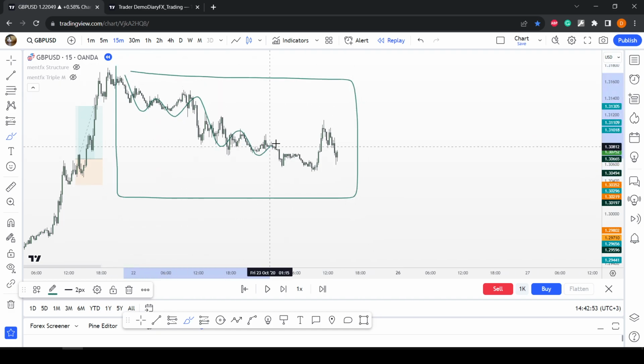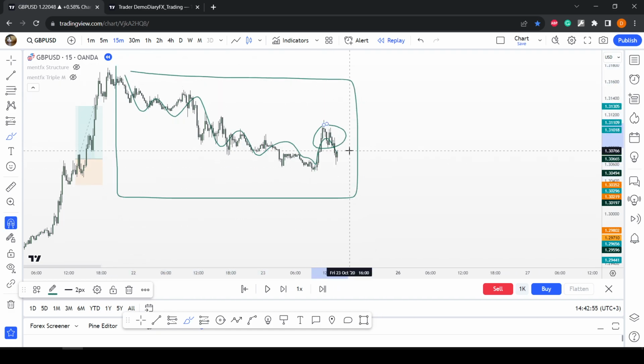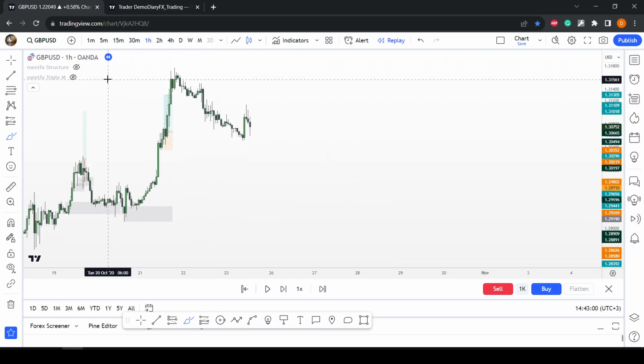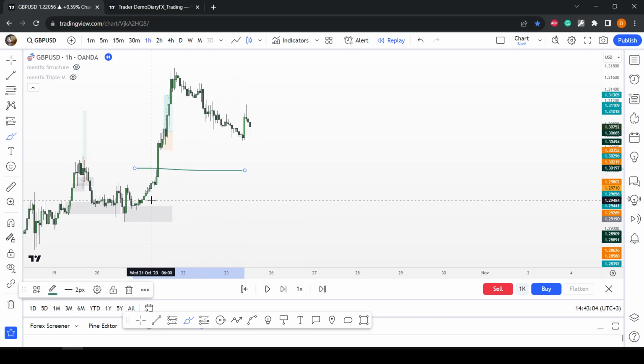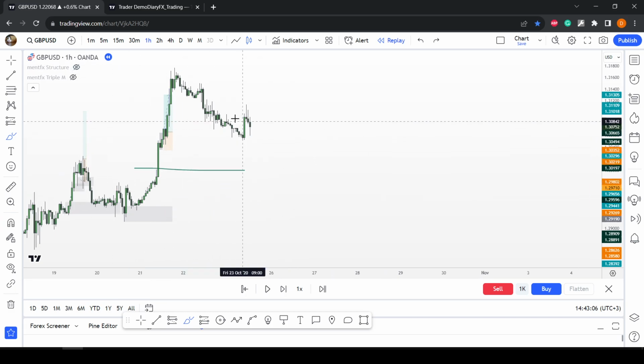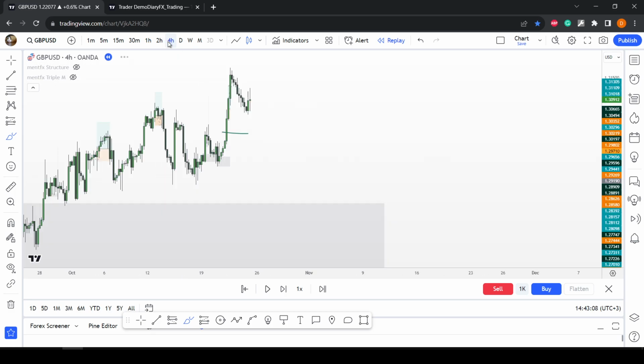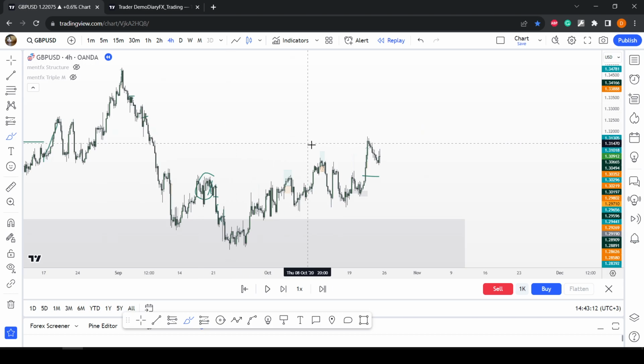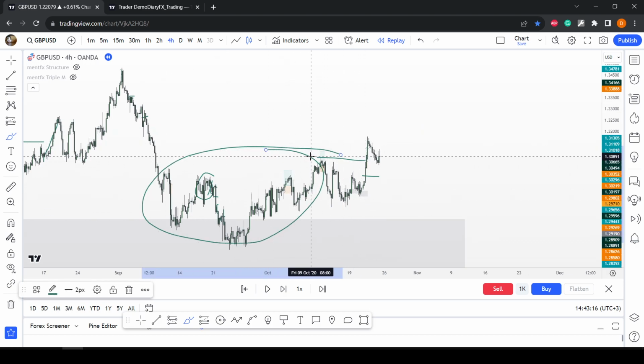However, it's like a fractal redistribution, not confirmed but possible. And in terms of zones, we have some zones here. Actually, we have this bigger zone. But the thing is that we are just breaking out of this accumulation.